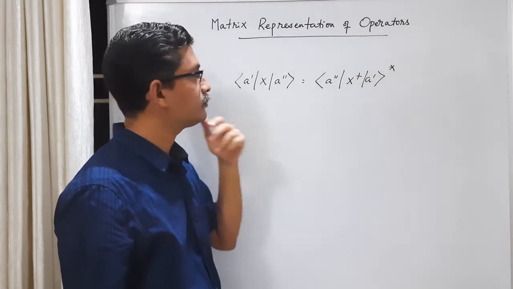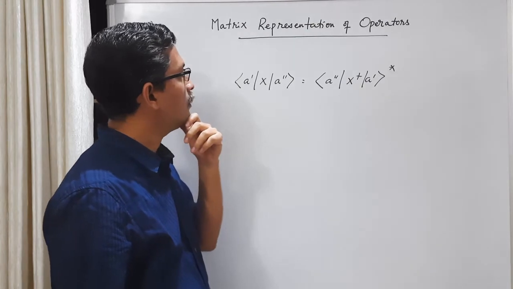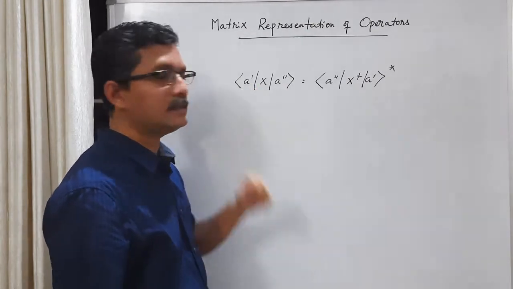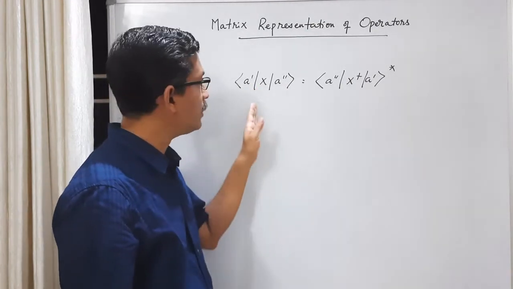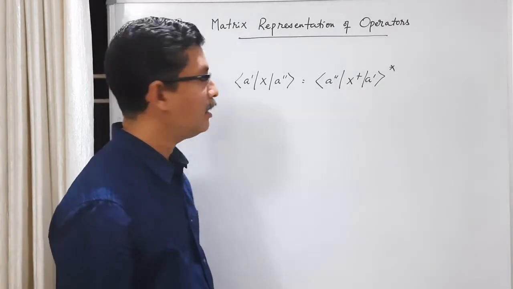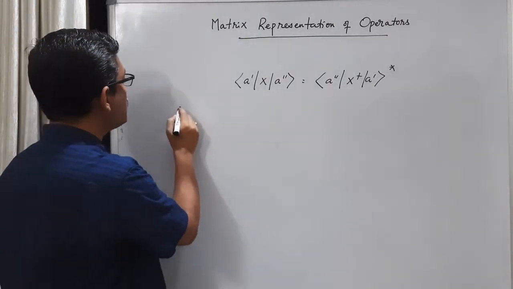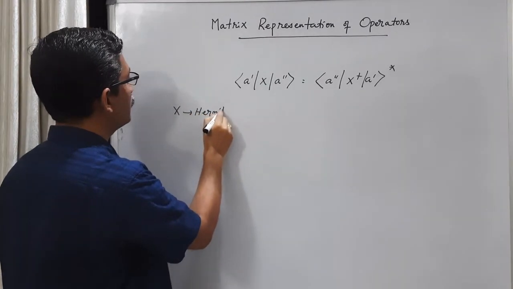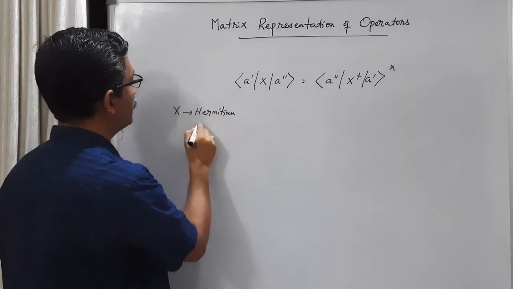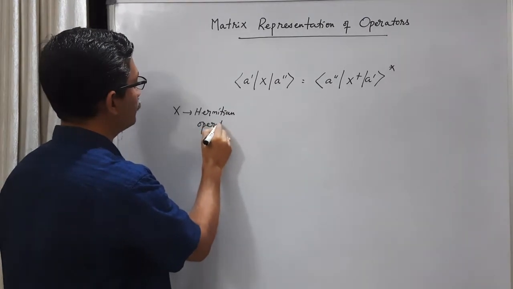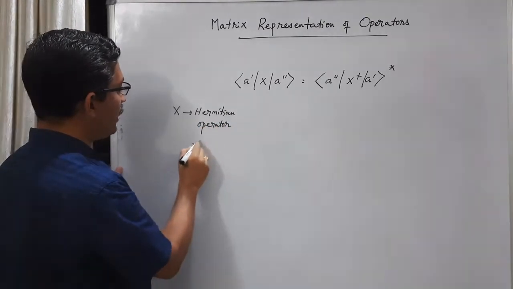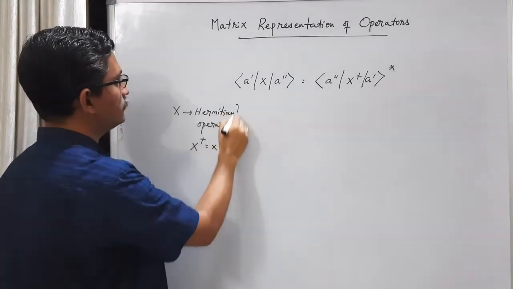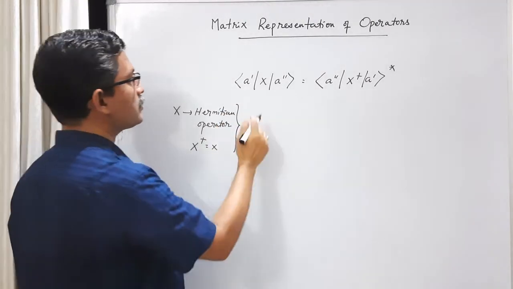Now suppose this X is a Hermitian operator. This is applicable for any general operator. Now if X is a Hermitian operator, then we know that X† is equal to X. Then what happens to this relation?